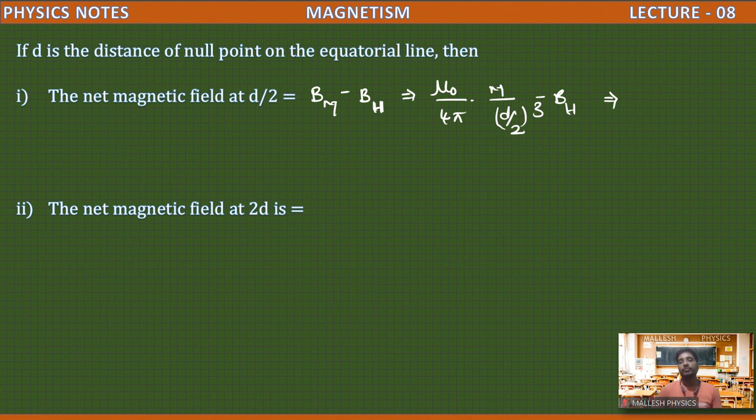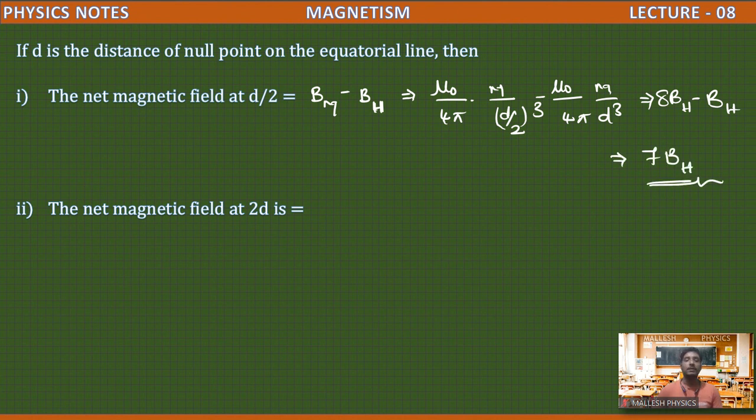Also BH is mu naught by 4 pi M by d cube. Now if you write this, 8 times BH minus BH, that is equal to 7 BH. So at a distance d by 2, the net magnetic field is 7 times Earth's magnetic field. In the same way at a distance 2d, Bm minus BH.